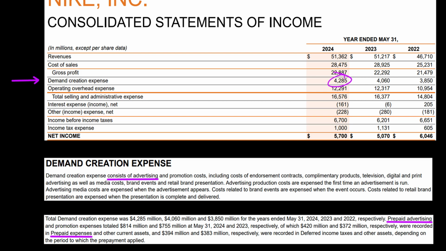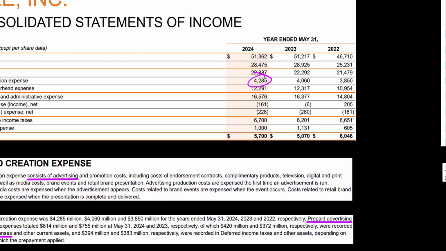So advertising costs that have not yet been expensed are going to be on the balance sheet, typically in prepaid expenses, other current assets, and so forth. But advertising expense, in this case they don't call it advertising expense, they call it demand creation expense, but basically this is advertising expense. So Nike is actually putting it on the face of the income statement. But a lot of companies I found put it in SG&A.